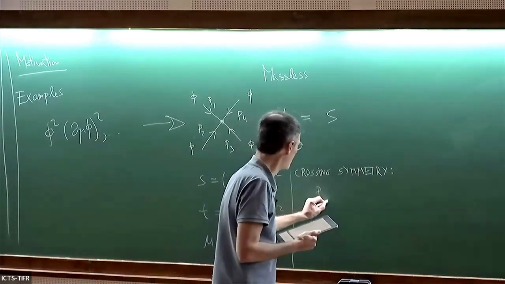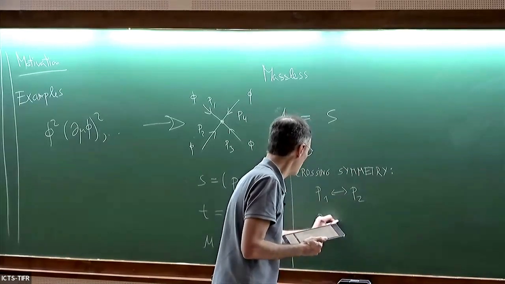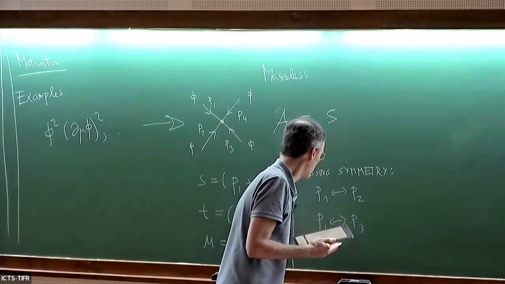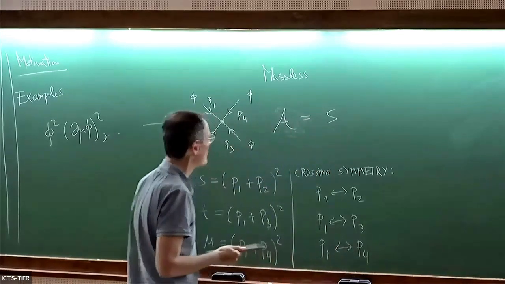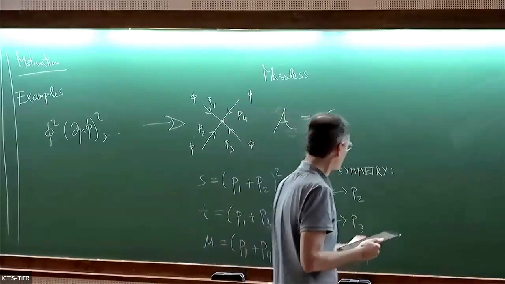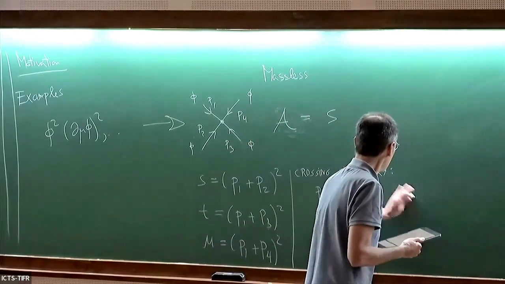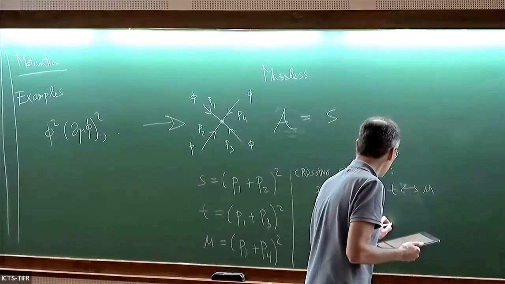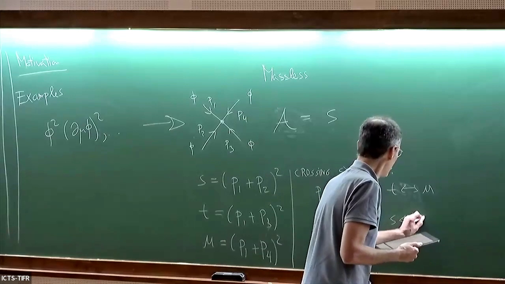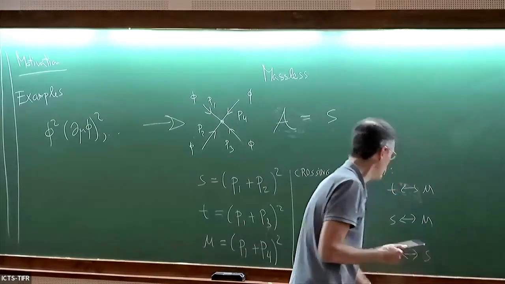So if I do the interchange of P1 to P2, or P1 to P3, P1 to P4, the amplitude should be the same. So this means if I exchange S with T, or T with U, the amplitude should be the same.